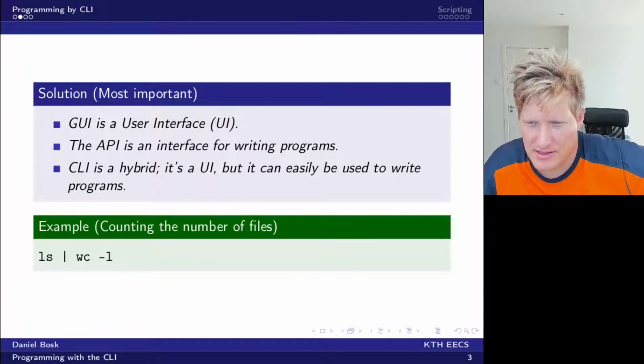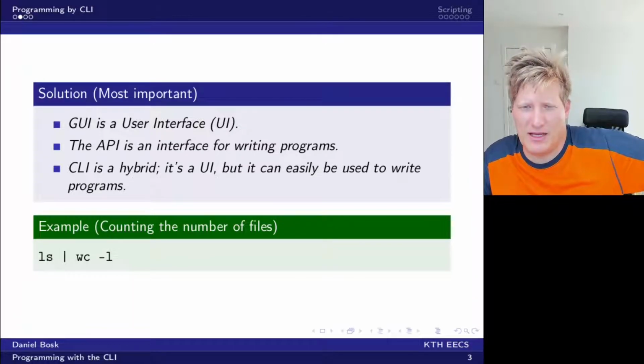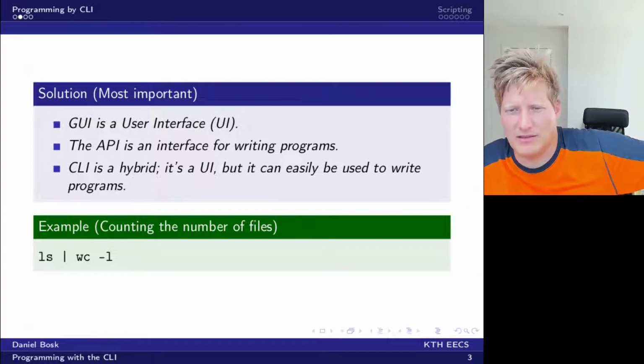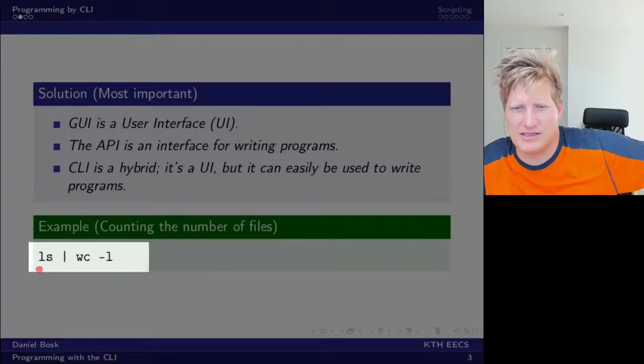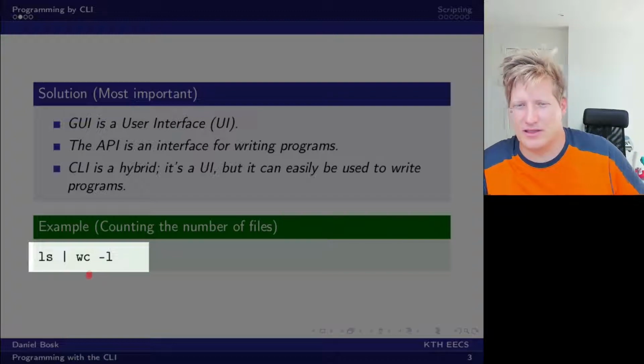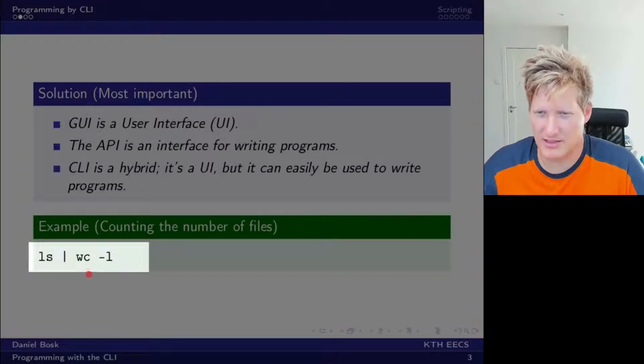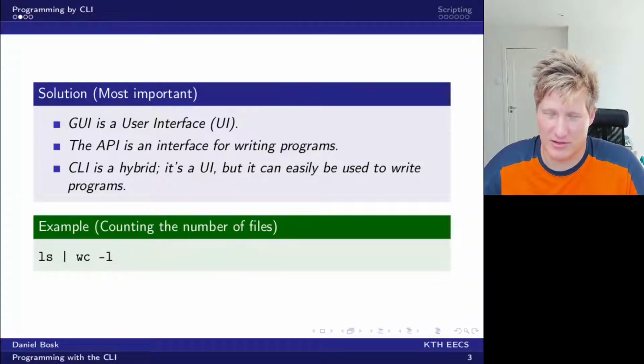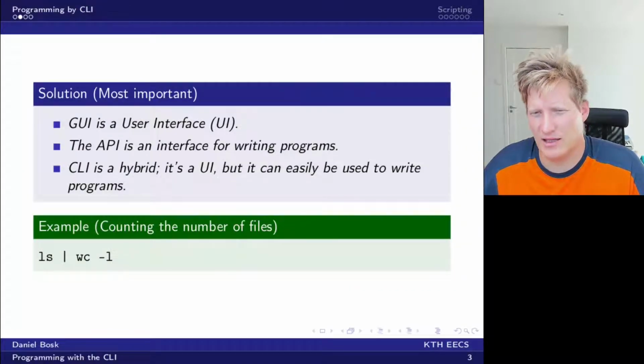So for instance, it's easy to combine two commands, like ls and the output of ls, and use the word count program on this one to count the number of lines in the output to get the number of files in this directory.